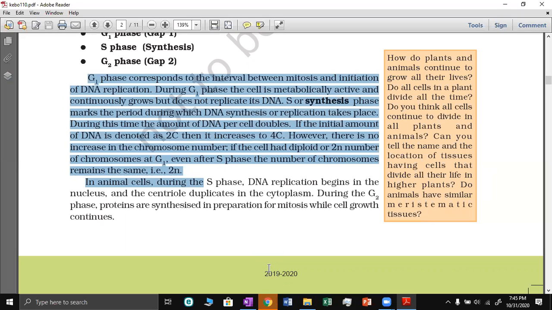And after the telophase, again it comes back to the 2C stage. And if the cell is not going to divide, when the cell is in the quiescent stage, it will remain in the 2C stage.